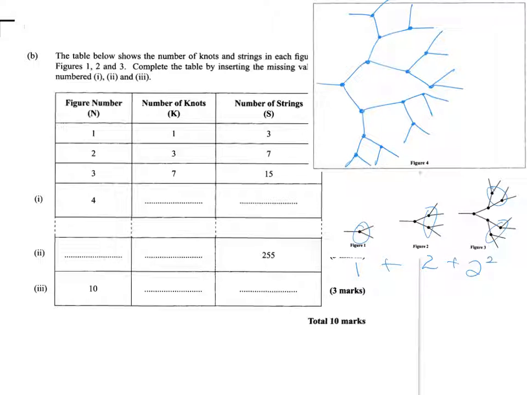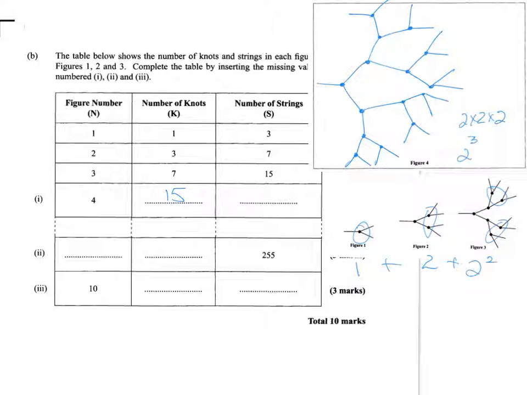Figure 4 now will add on 2 cubed, because each one would add on 2 more. So it would be the first 2 multiplying out by 2, and each of those now will cause 2 more, and that's how we get 2 cubed. So that will give us 15.